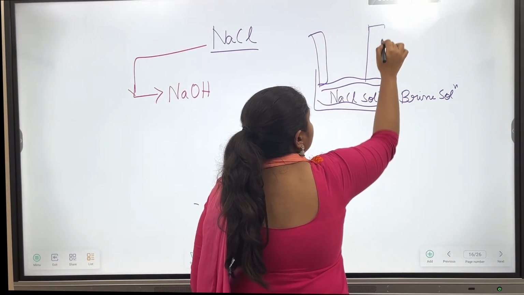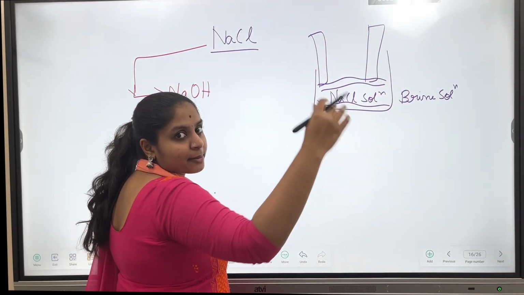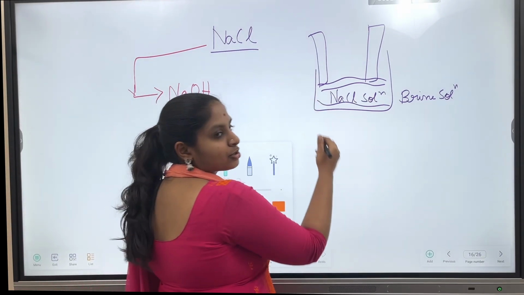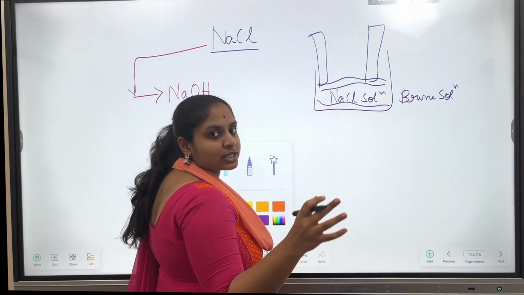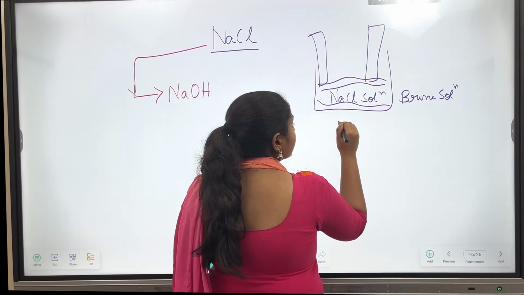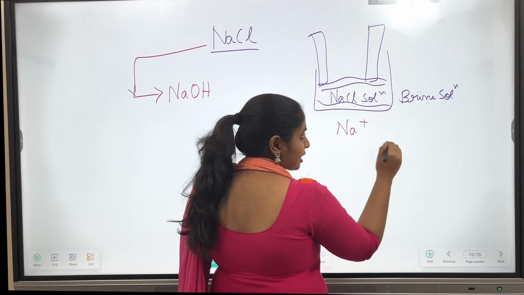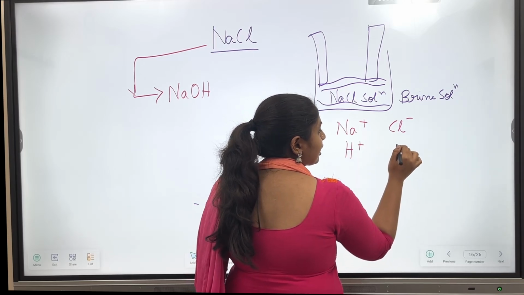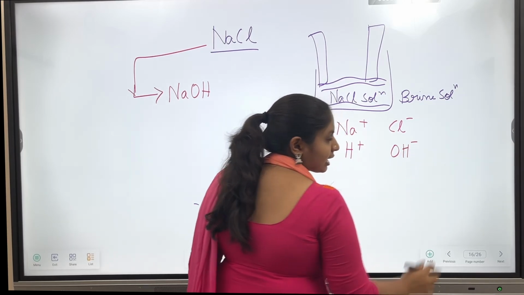I am keeping two cathodes, one anode, and I am passing electricity. When I pass electricity through a solution of NaCl, the solution has NaCl and H2O. So I will get Na plus cation, Cl minus anion, H plus cation, and OH minus anion.